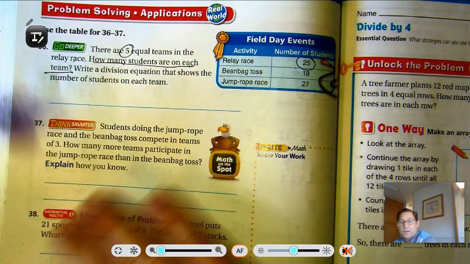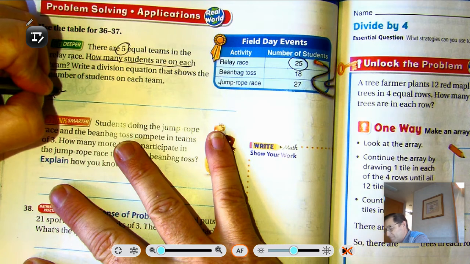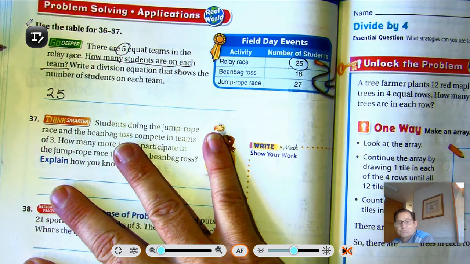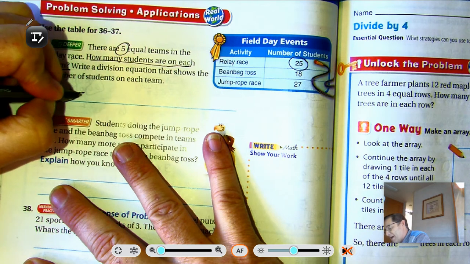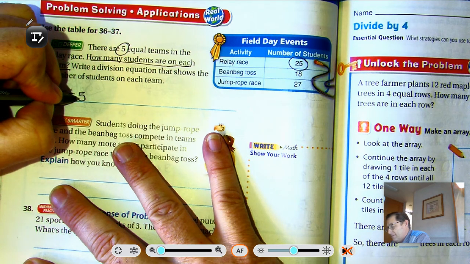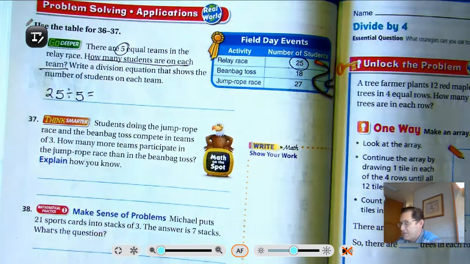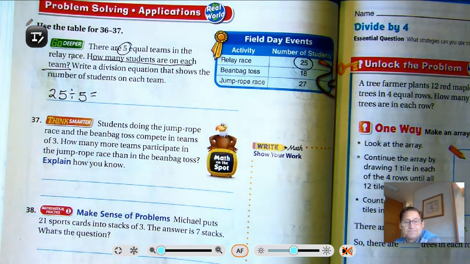All right, well, we have 25 total students, and we need to put them on 5 equal teams. How many students are on each team?